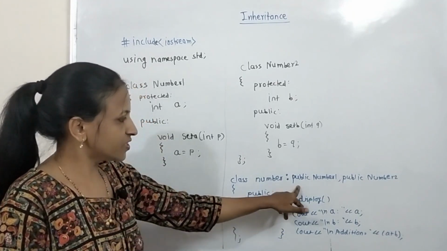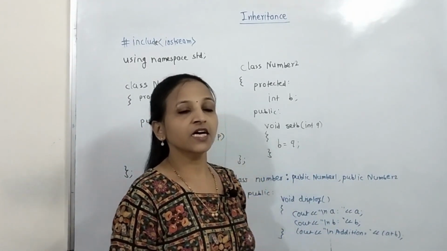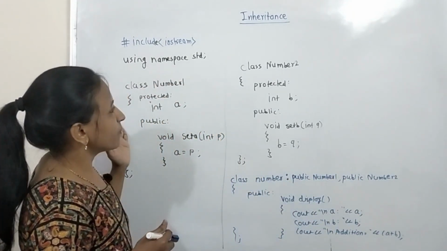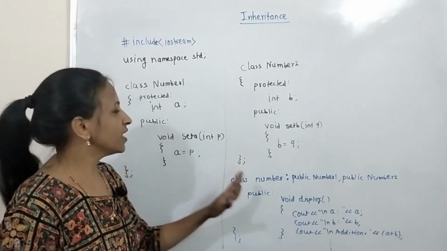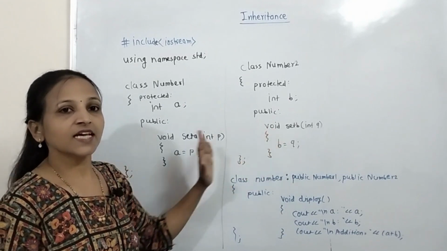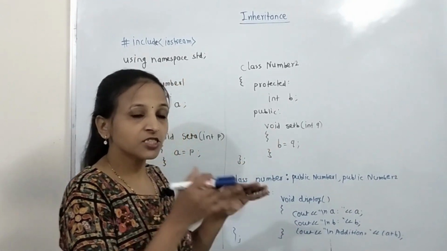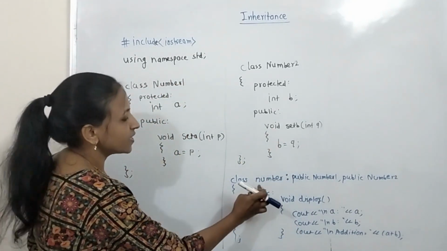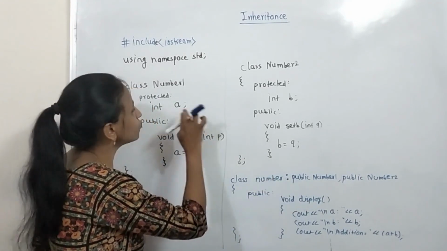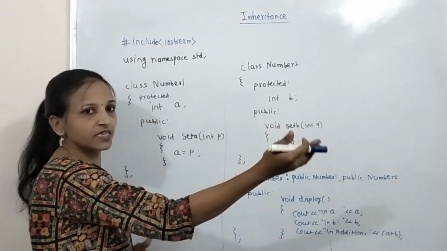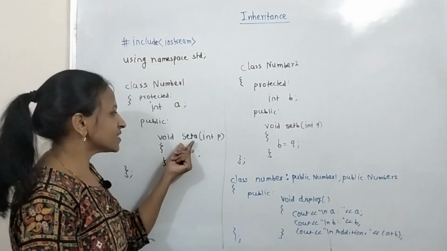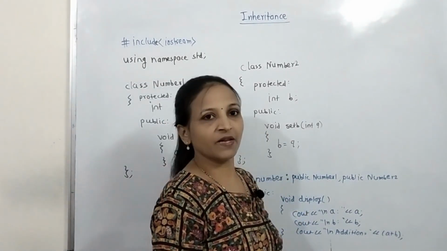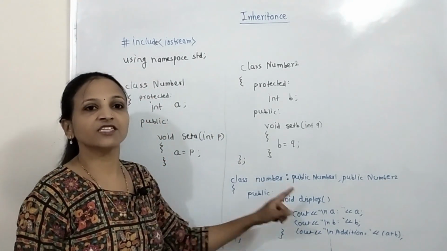Whenever the visibility mode is public, the protected members of the base class will be in the protected section, and the public members will be in the public section. Just think: there is a protected section with two variables, int a and int b, and inside the public section there are three member functions: setA, setB as well as display. In this way this class will get formed.